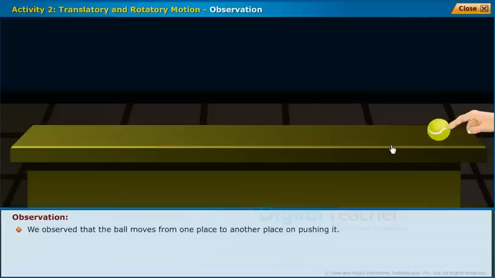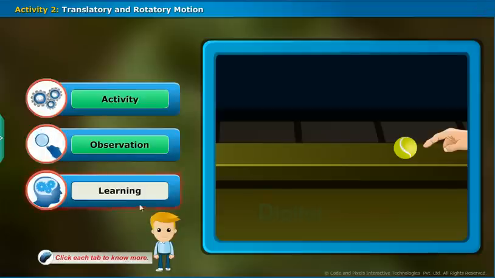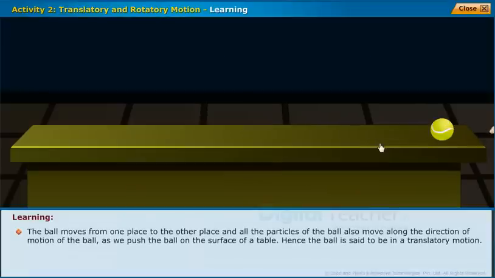We observed that the ball moves from one place to another place on pushing it. The ball moves from one place to the other place, and all the particles of the ball also move along the direction of motion of the ball as we push the ball on the surface of a table. Hence, the ball is said to be in a translatory motion.